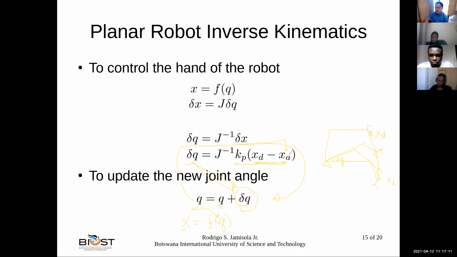Normally you stop the computational cycle when the error term is less than or equal to, for example, 0.1, or when the iteration count is greater than probably 1,000.